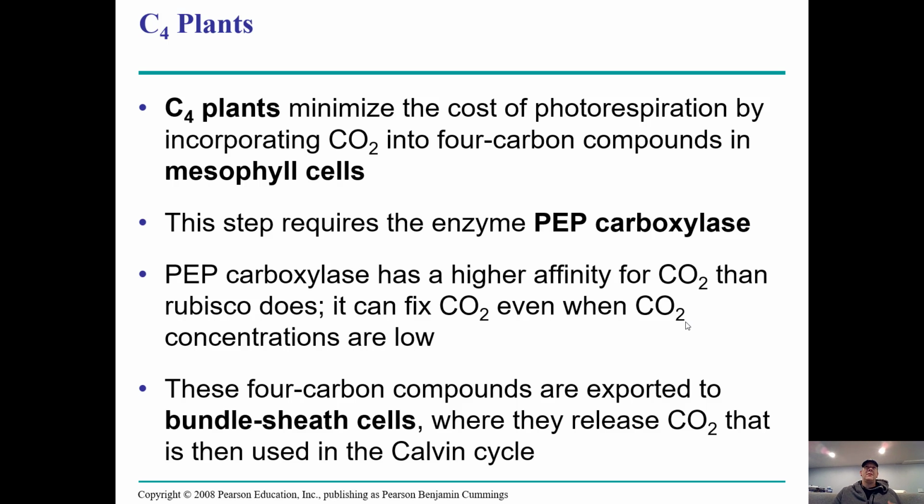So that's able to scavenge up all the carbon dioxide. Then in their catalysis, they make a 4-carbon sugar. Hence, that's why this is called a C4 process.